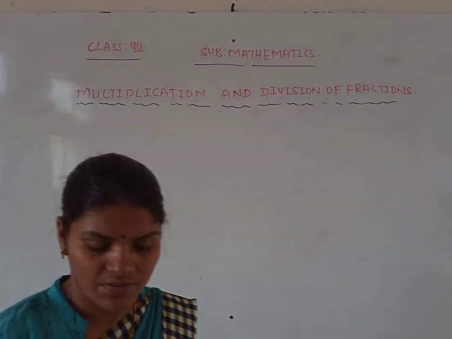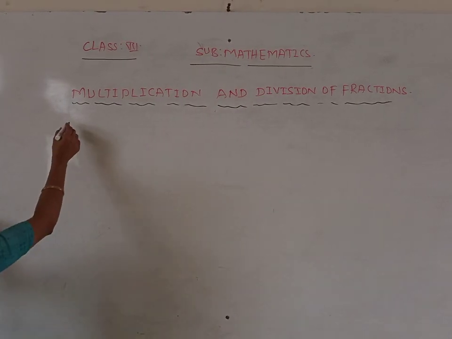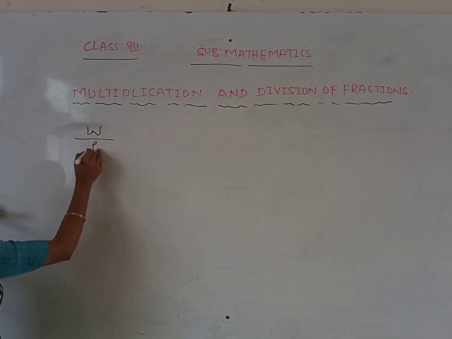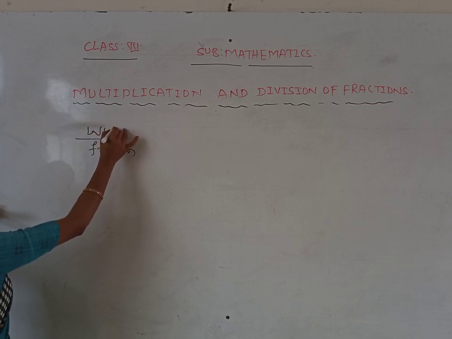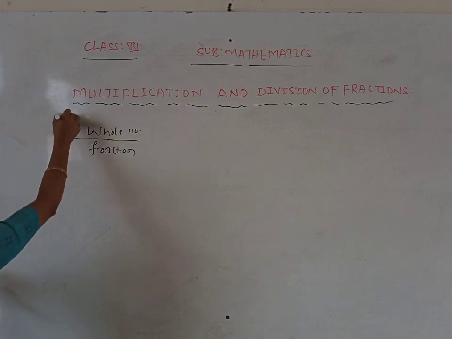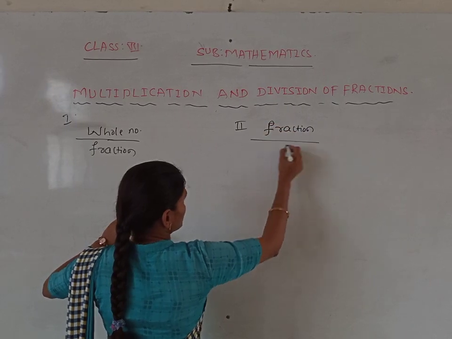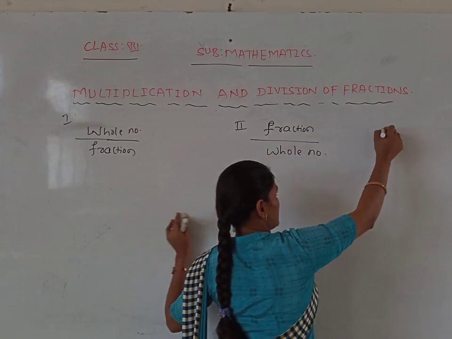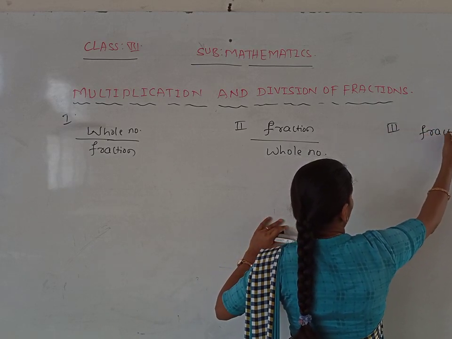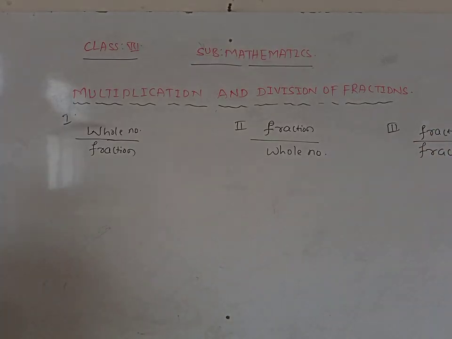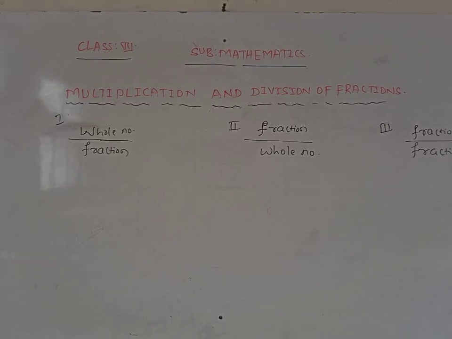First type, division of a whole number by a fraction; second, fraction by a whole number; third, fraction by fraction.